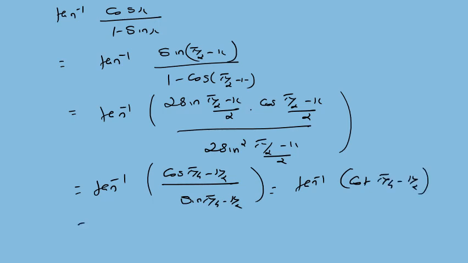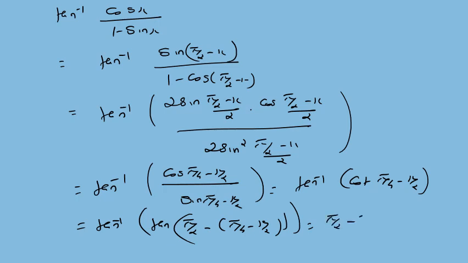So you can write tan inverse cot as tan inverse tan(pi by 2 minus (pi by 4 minus x by 2)). So that is pi by 2 minus pi by 4 plus x by 2. So what is the answer? Pi by 4 plus x by 2. Next question.